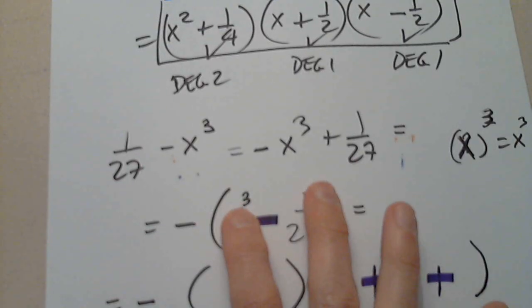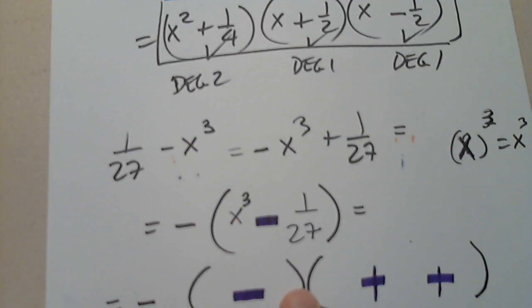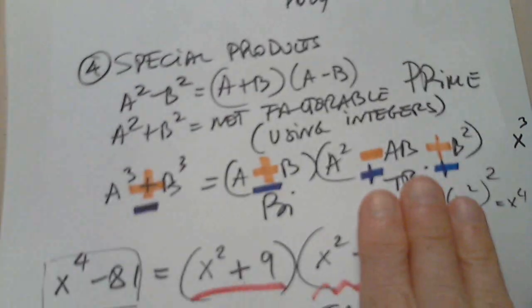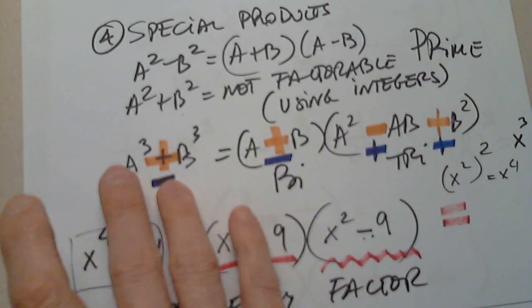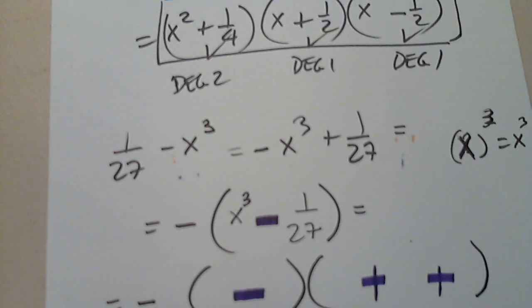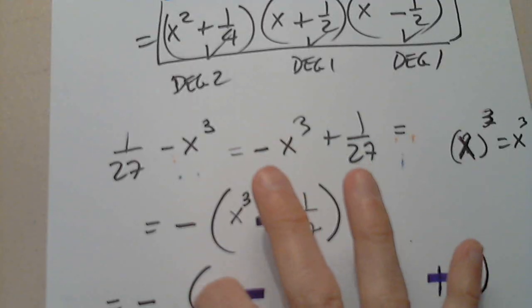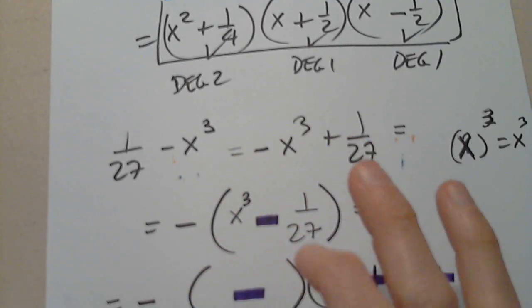Whatever we are given is transferred to the binomial. Either minus minus plus or plus plus minus. Good. So now we have to identify what we cube to get this and what we cube to get this.